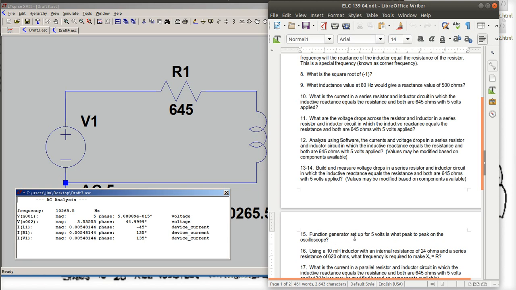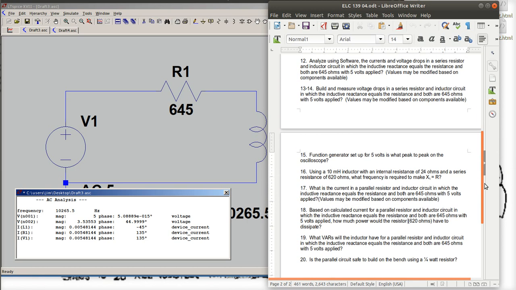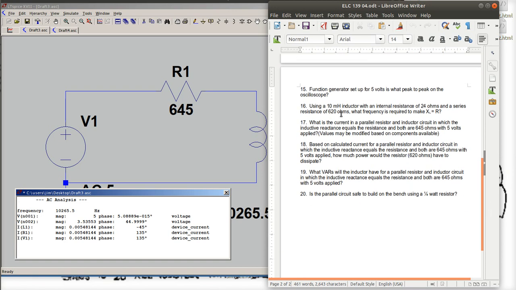If your function generator is set up for 5 volts, what would the peak to peak on the oscilloscope be? That's just a simple conversion. Using a 10 millihenry inductor with an internal resistance of 24 ohms and a series resistance of 620, at what frequency is required to make XL equal to R? That's essentially what we did.